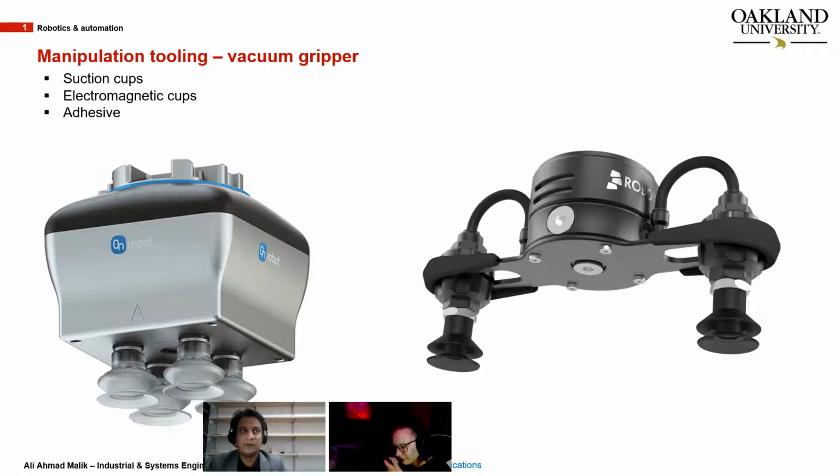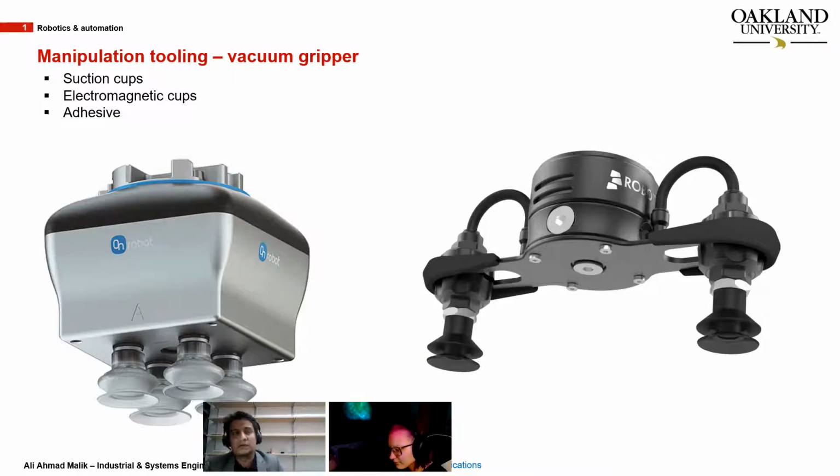There can also be, for example, because there is a pump on the other end, it is not that you are getting a constant force all the time. There can be some variability. And if there is a problem and the robot is carrying maybe a very heavy component, and there is some problem with the pump, it can drop the component.